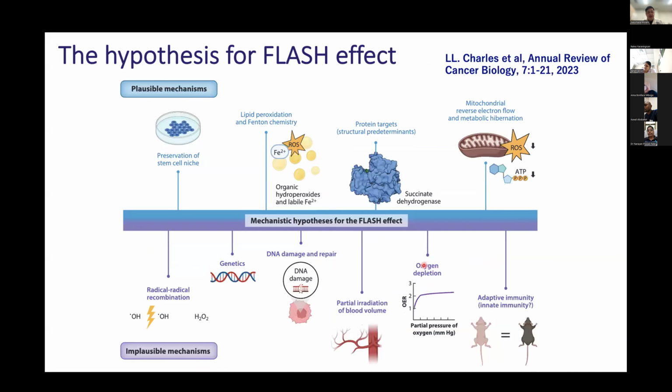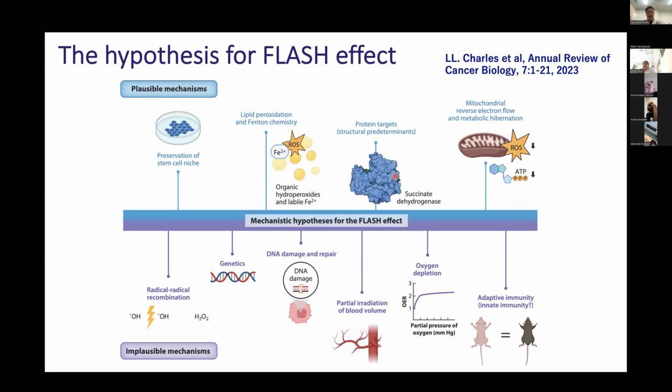So the current trend is that the FLASH mechanism is considered to be the oxygen depletion theory and the radical recombination theory as plausible hypotheses. Many of the plausible hypotheses involve cellular metabolism and phenomena that occur in mice and humans, in living organisms.